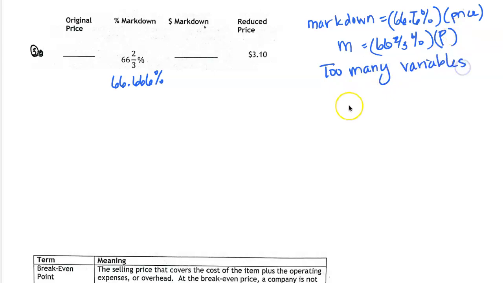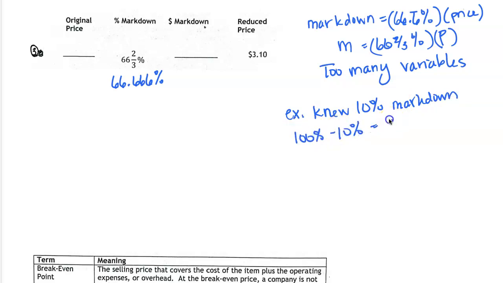So we're going to use an idea that we used before, and I'm going to give an example that when we knew we had a 10% markdown, back in chapter 7, that told us that we had 100% minus 10%, and that we had a 90% that we paid. We called that the complement.